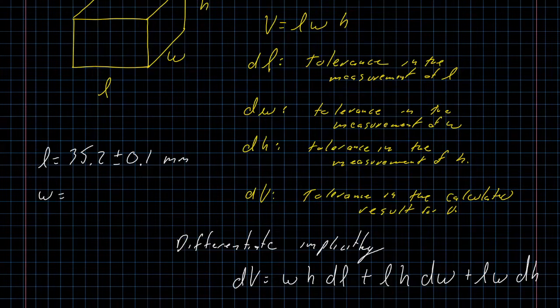The width is 47.6 plus or minus 0.1 millimeters, and the height is 27.9 plus or minus 0.1 millimeters. Again, plus or minus 0.1 is me marking down that the calipers I'm using are marked to the nearest tenth of a millimeter. That's all the more detail I can get out of these. That is the tolerance of the measurement.